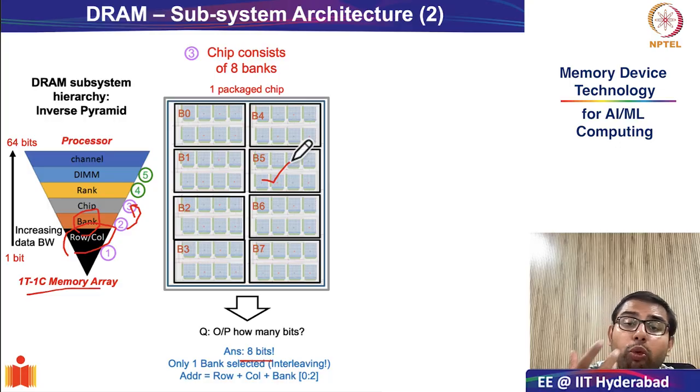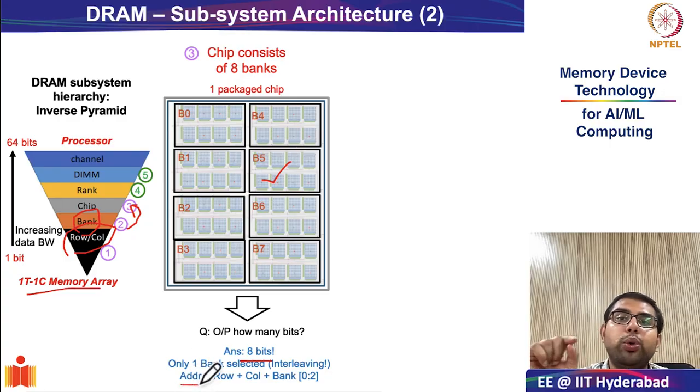How do you decide which bank is operational? Again, it is the same concept. The address which goes into the memory subsystem, or the DRAM or main memory subsystem, from the CPU tells which bank is to be accessed during one operation cycle. So the address now has to contain data corresponding to row, column and 3 bits of bank. Why is it 3 bits?